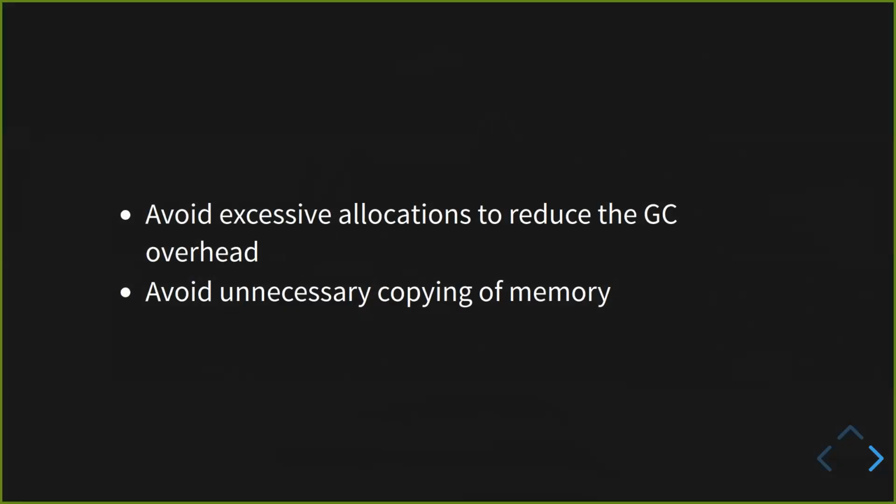These are the two basic high-level categories that we're going to focus on in this talk. The first one is you should avoid excessive allocations to reduce the garbage collection overhead. And the second one is you should avoid copying memory unnecessarily. These are the main categories that we're going to focus on in this webinar.